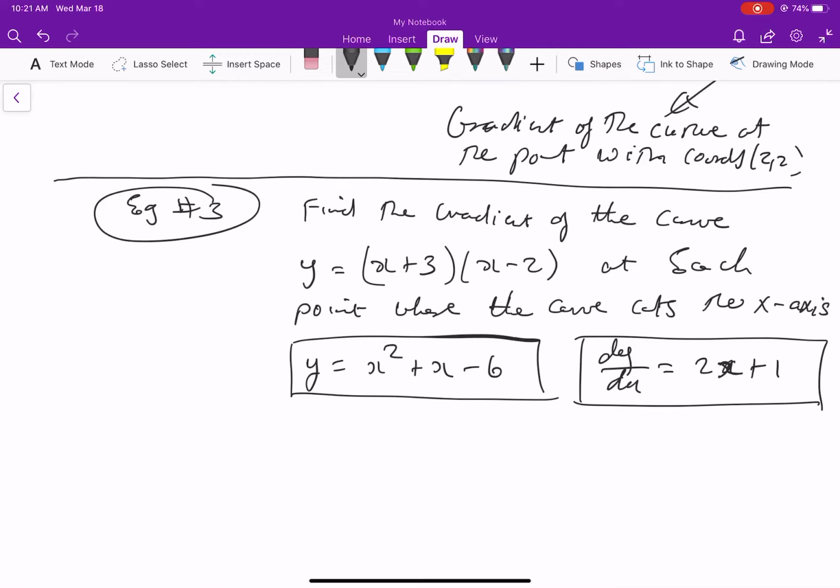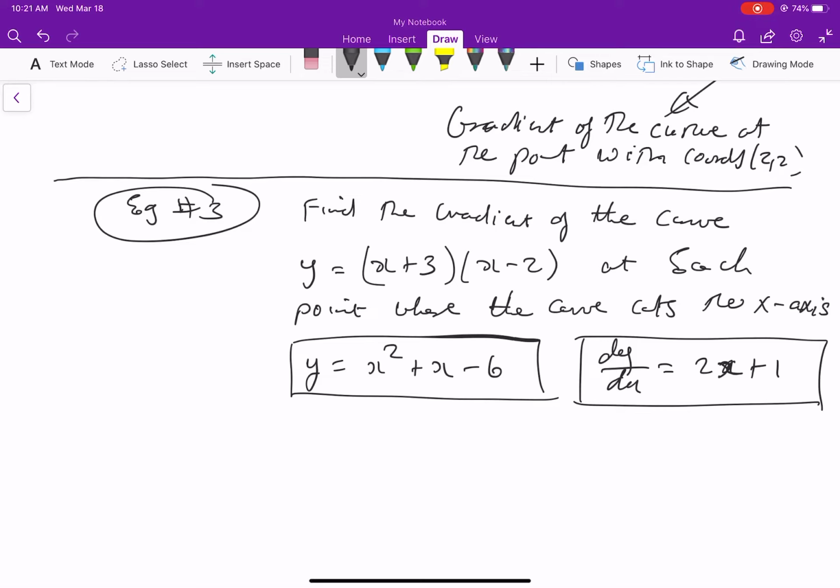But we should know from all the work that we've been doing before that whenever a curve cuts the x-axis, y is equal to 0. They didn't tell us directly what the x-coordinate is, or even the y-coordinate. We're supposed to know from our previous basic knowledge that whenever a curve cuts the x-axis, y is 0. That's how you find your roots, your x-intercepts.